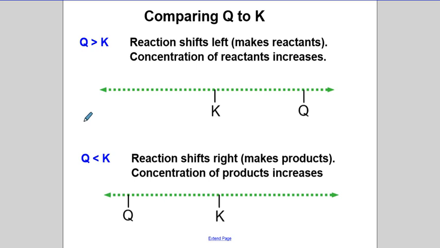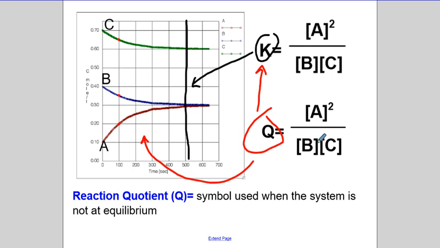Basically, there's two options. If you solve for Q and you realize that Q is way bigger than K, so Q is greater than K, what we say there is that this reaction needs to shift. It needs to move so that the values here will end up calculating to the same overall value as here.